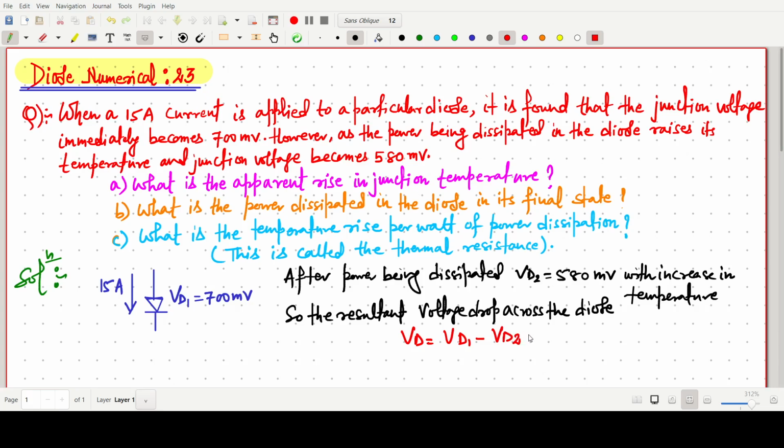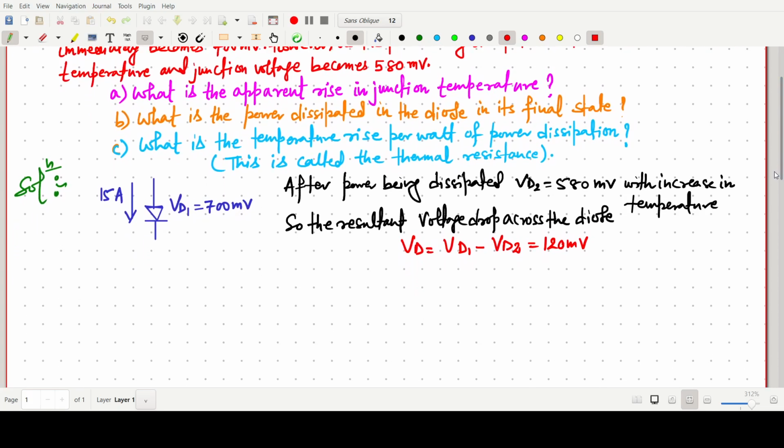How much is it? 120 millivolt. Initially 700, so the resultant voltage drop is Vd1 minus Vd2, and 120 millivolt is the resultant voltage drop across the diode.